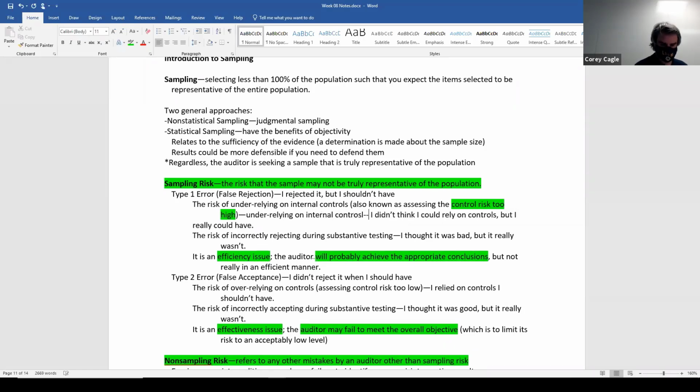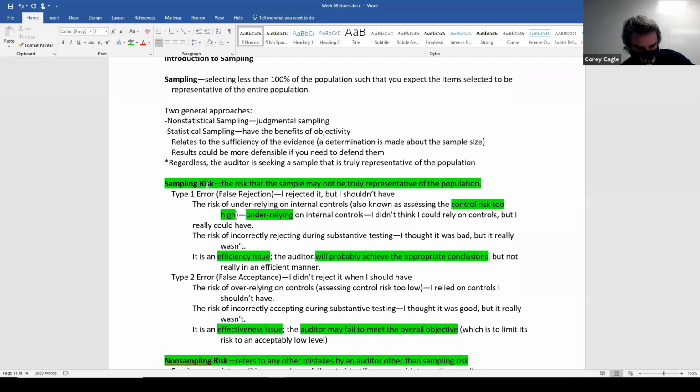Word is wrong, definitely. So maybe put these in a list: type 1 error, false rejection, control risk too high, under-relying on control. They all kind of mean the same thing.